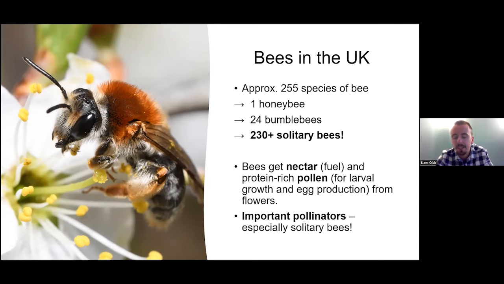And because they're regularly visiting flowers to gather pollen to feed their young, they're really important pollinators as well. They can be really, really efficient pollinators. There's always that quote that the red mason bee is 130 times more effective at pollination than a honeybee, for instance, or something along those lines anyway. So they can be really, really good pollinators.